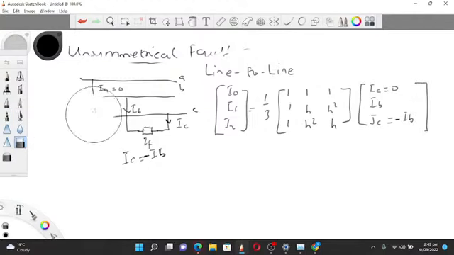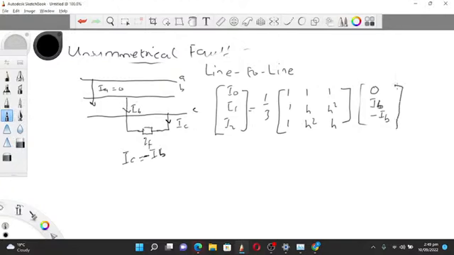So if I clean and replace with what we actually know, we have 0, IB, negative IB. This is what we have. Okay, so if I write my expression for I0, I'll get 1/3 of 0 plus IB minus IB, which equals 0.